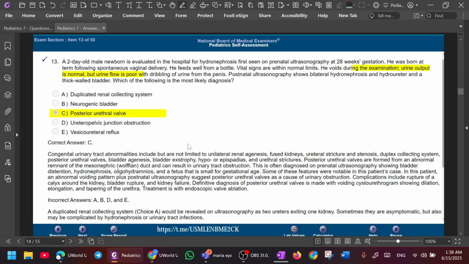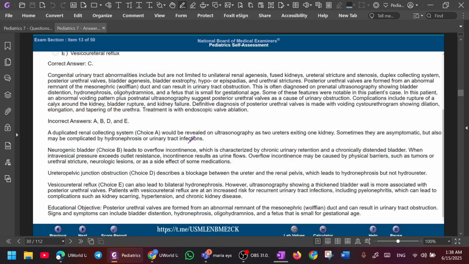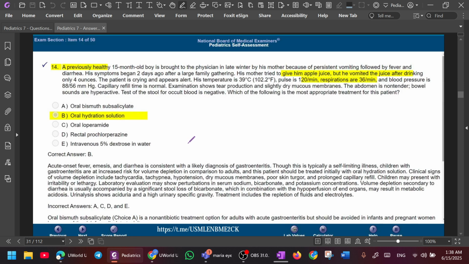That was bismuth subsalicylate. I don't remember what that was. Prochlorperazine. I guess I overthought it. I don't think it's that, but I feel like it's the oral bismuth. Okay, ready? Yes.